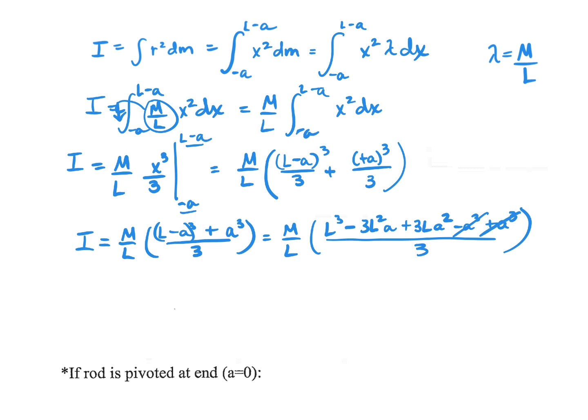So this goes away. We can pull an L out of all of them, can't we? So we can pull an L out here, this can become a squared, and it goes away with that. So we get M over 3 times what? L squared minus 3LA plus 3A squared. That's your inertia.